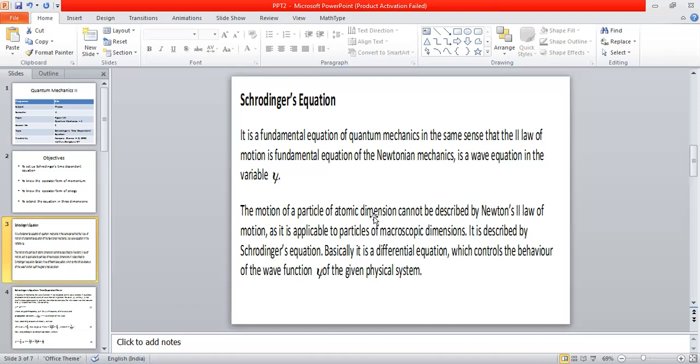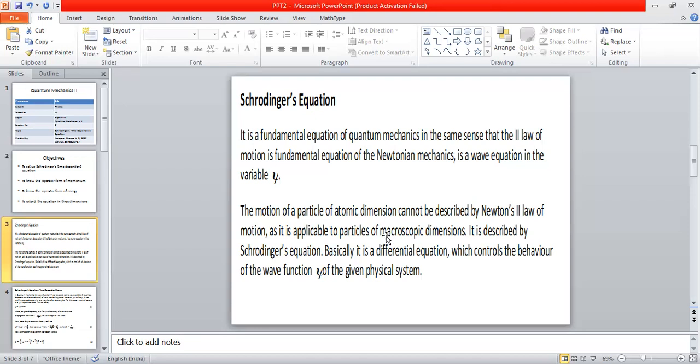We have already discussed this. So if we want to understand the motion of atomic dimension particles, definitely we cannot use Newton's second law of motion. Newton's second law does not give proper answers regarding the motion of a particle of atomic dimension. Therefore, in order to describe the motion of subatomic particles, we need to apply Schrodinger's equation.